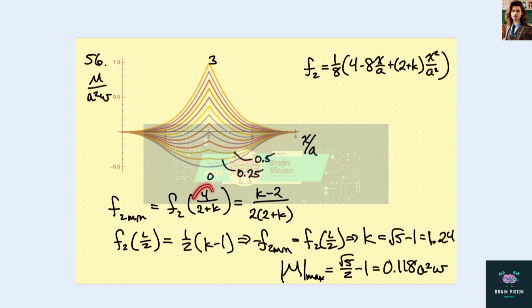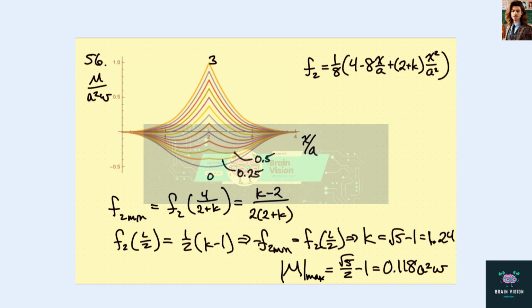So if we plug x over a equals 4 over 2 plus k, we find that the minimum value is k minus 2 all over 2 times 2 plus k. When k is 0, we have minus 1/2, which is right here. That's right. And we can see that this value will decrease as k increases.